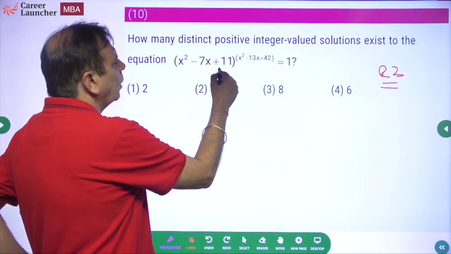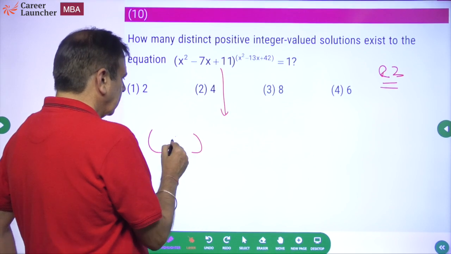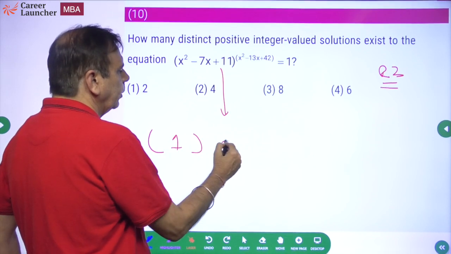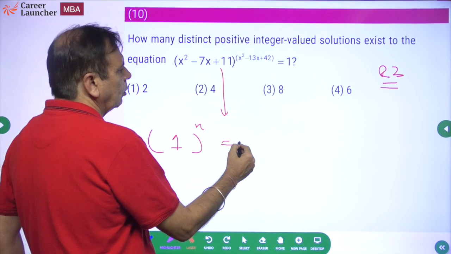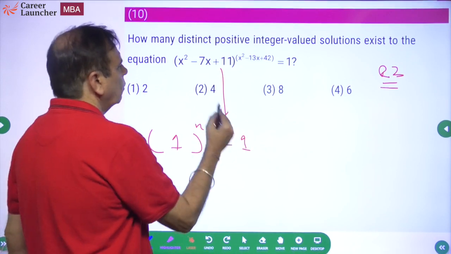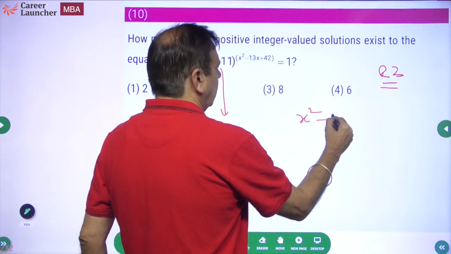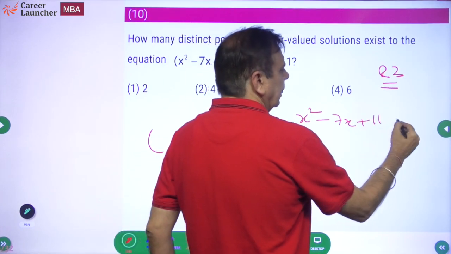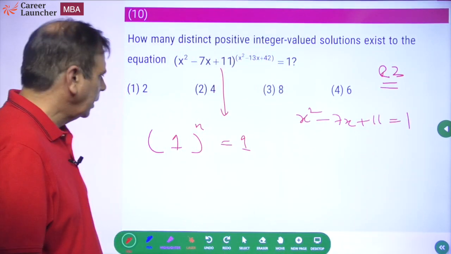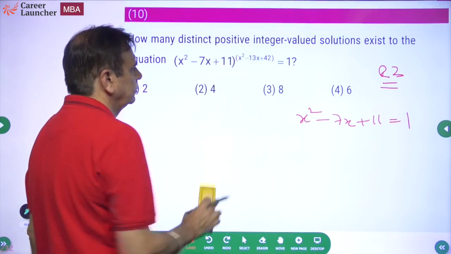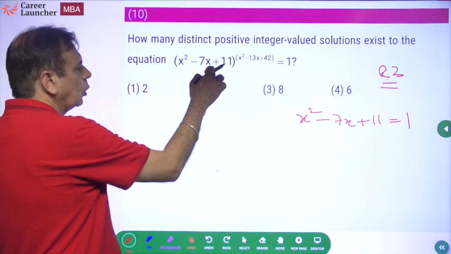If this has to be equal to 1, one thing could be 1 to power anything, which will always be equal to 1. So first thing you need to check is the roots of x square minus 7x plus 11 equal to 1. Second thing, this base could also be minus 1, with x square as the power.